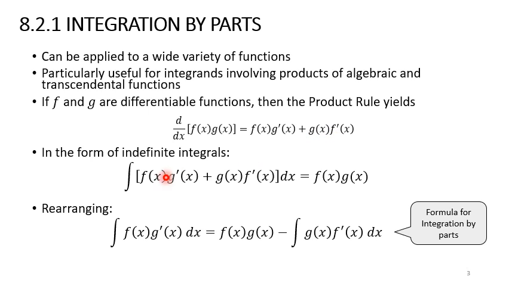So in the form of an indefinite integral, if you just reverse the role here, if you integrate this part with respect to x, you will get the original functions of f and g as a function of x.